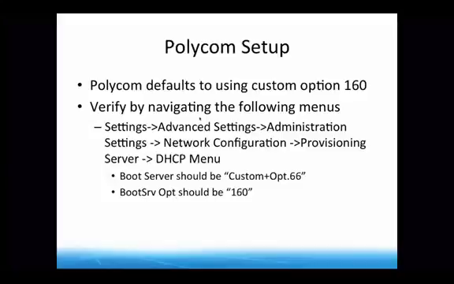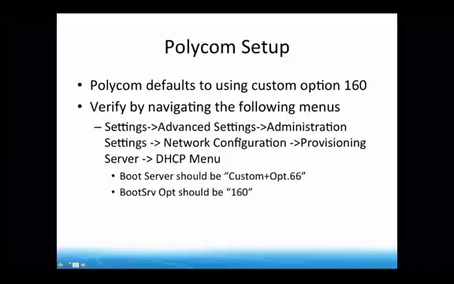The great thing about Polycom is that it defaults to using a custom option. You can either use option 66, or you can use option 160. So generally, you don't have to do anything. It should default to that if you factory default the phone.